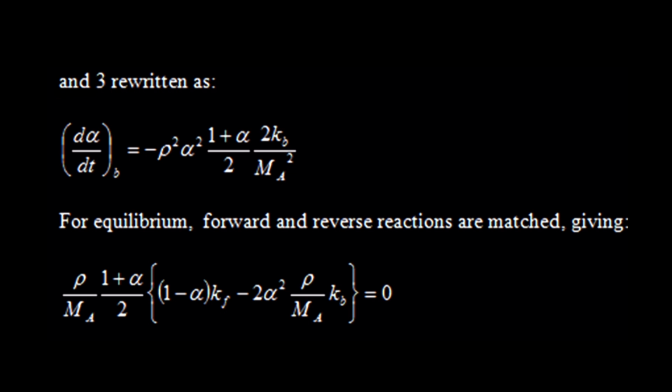So if we inspect this equation here, you can see the terms on the right are due to the reverse reactions, the terms on the left are due to the forward reactions. So remember, we're looking immediately past the shock wave, where for a start we're beginning with a value of alpha as 0. So if alpha is small, alpha squared you can see will be negligible. Plus we're typically looking at high altitude flight, so rho itself is small.